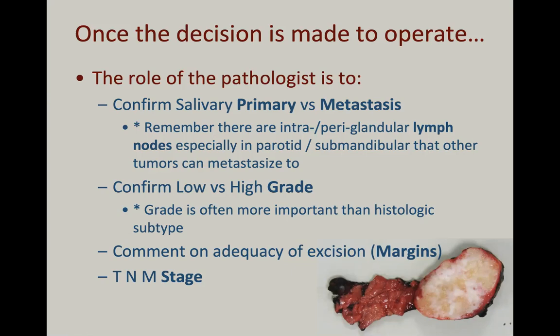We're going to talk a lot about the various histologic subtypes of salivary tumors today. Out in practice, salivary gland tumors, as I already mentioned, are rare, and it can be challenging for pathologists who don't see these very often to make definitive diagnoses.